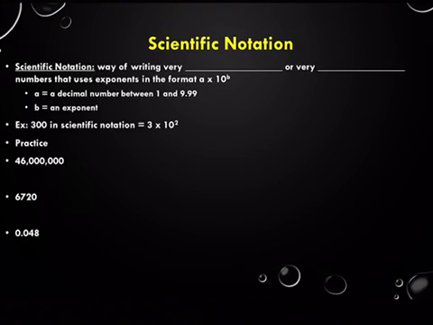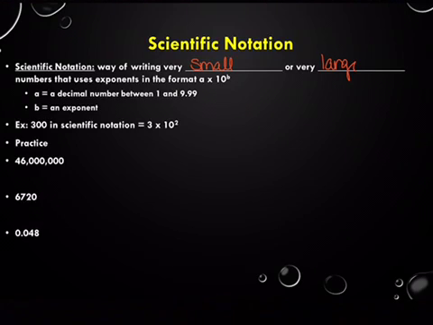Scientific notation is something I think you will touch on in your math class too, but we use it a lot in science. This is a way of writing very small or very large numbers, and you use exponents in the format of a times 10 to the b, where a is a decimal number between 1 and 9.9999999, and b is an exponent, almost always a whole number.